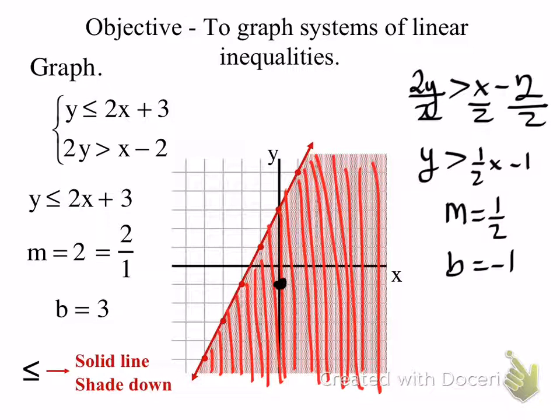And so I go back to my original origin, and I go down to -1 on the y-axis. And now I'm going to rise 1, run 1, 2. Rise 1, run 1, 2. Rise -1, run 1. Okay, and then I'm going to draw myself a line.